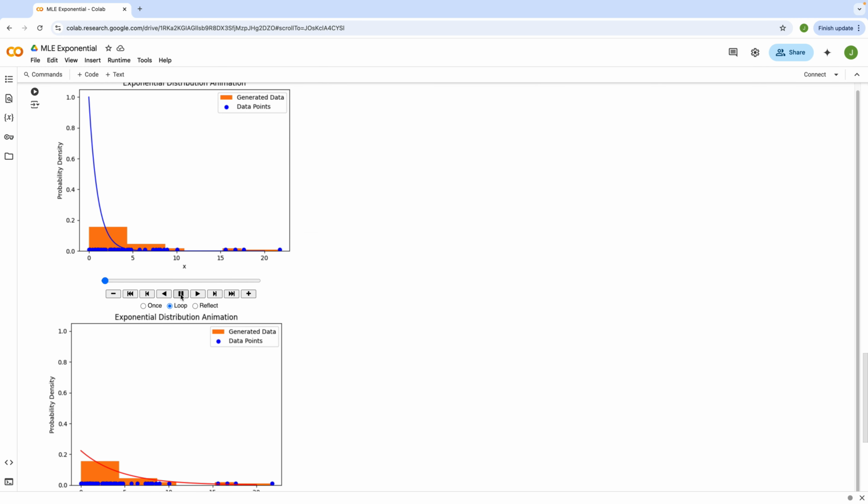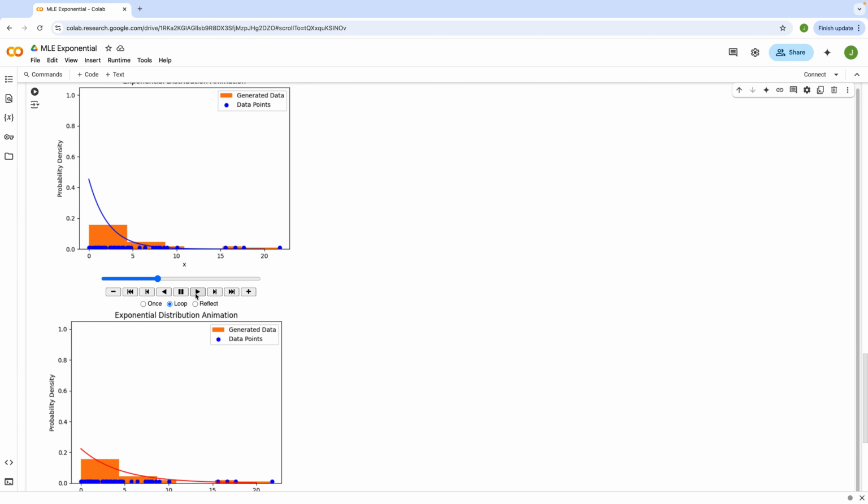What this does here is we have the data points and the histogram, and we're going to fit different exponential distributions to this data. We're going to play it. The question is, which one best fits the data?